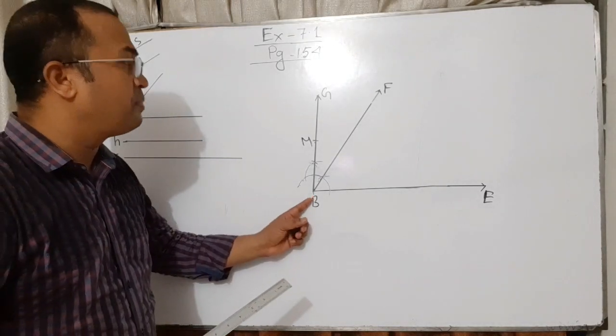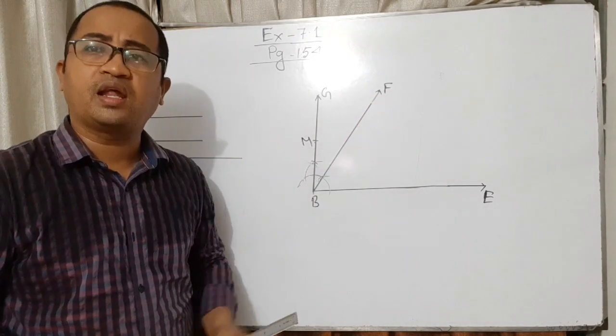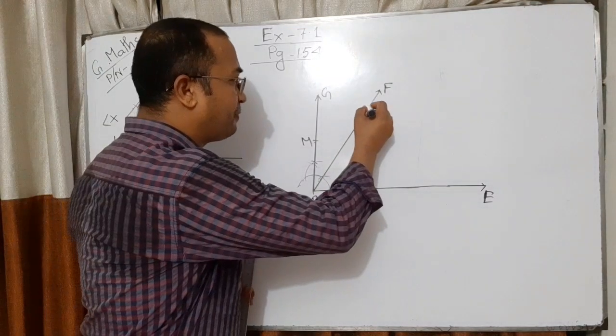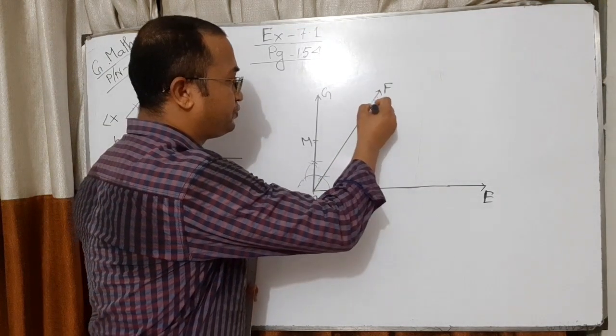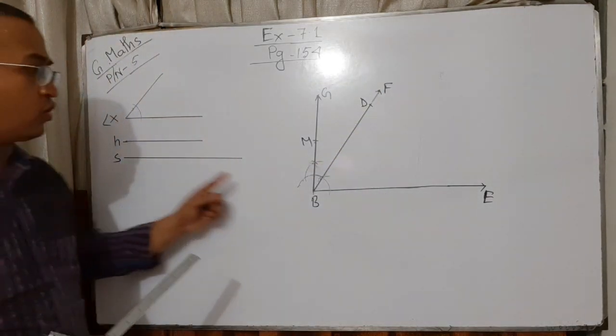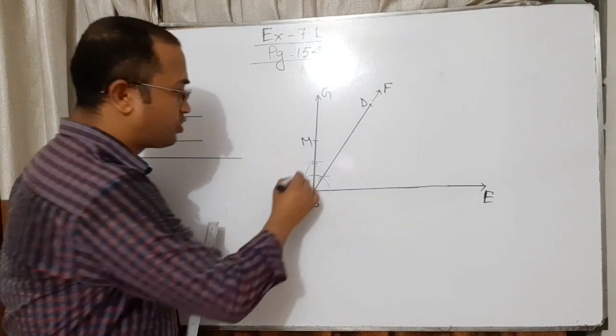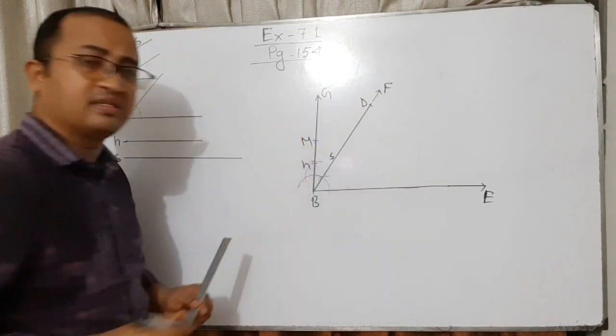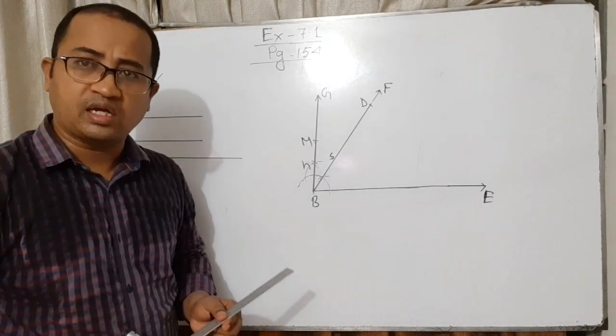And from the ray BF, we take BD. BD is equal to S. Look, BM is equal to H and BD is equal to S, that is the sum of the other two sides.